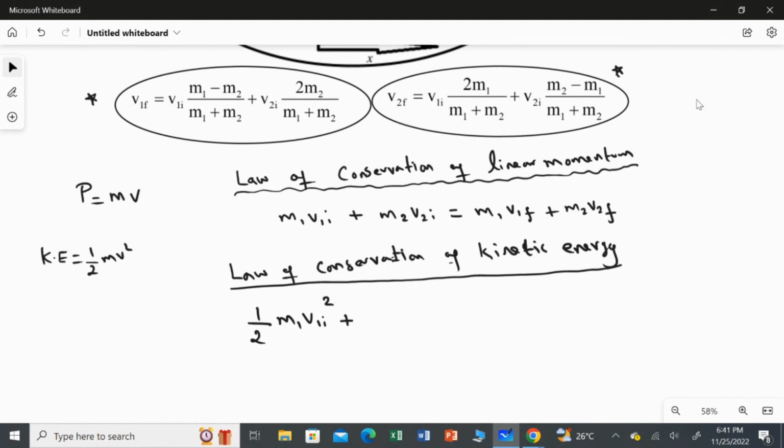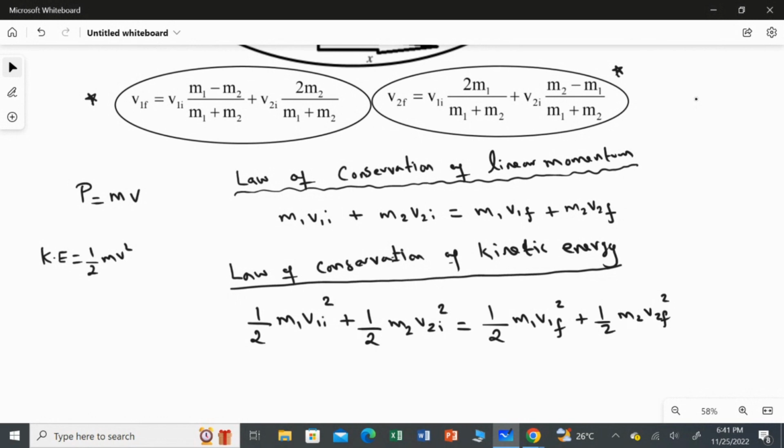And for the second mass, half m2 v2I square, which is equal to half m1 v1 final square plus half m2 v2 final square, right?